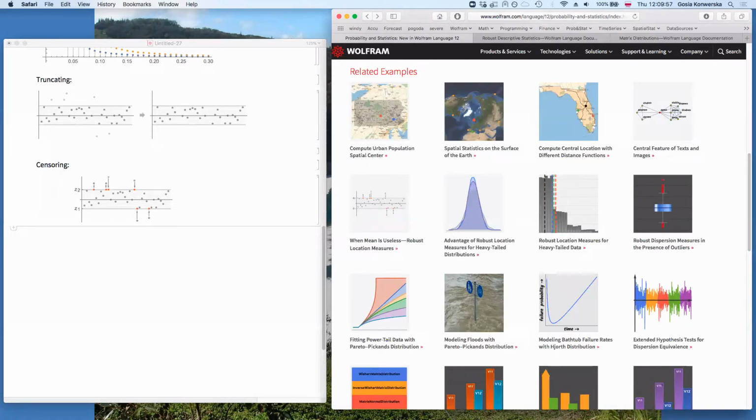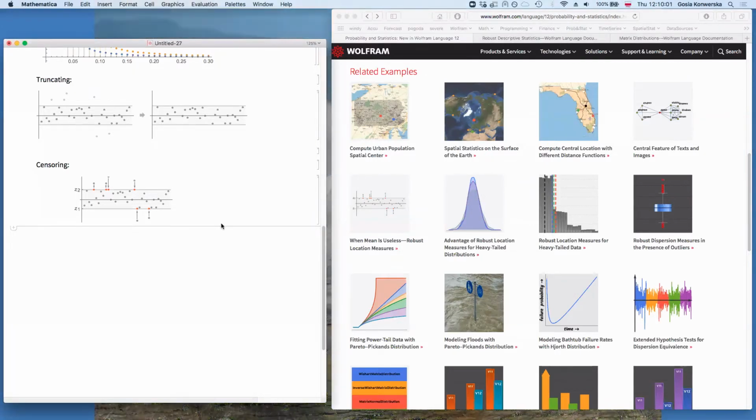Okay, so how can we use the robust statistics? Some of the data, we know that it's not coming from nice distributions like a normal distribution. We know it has heavy tails, and in that case, using the robust statistics gives us some more information about that.